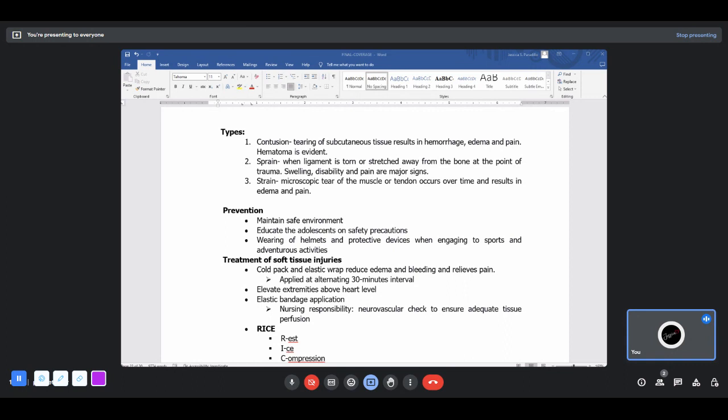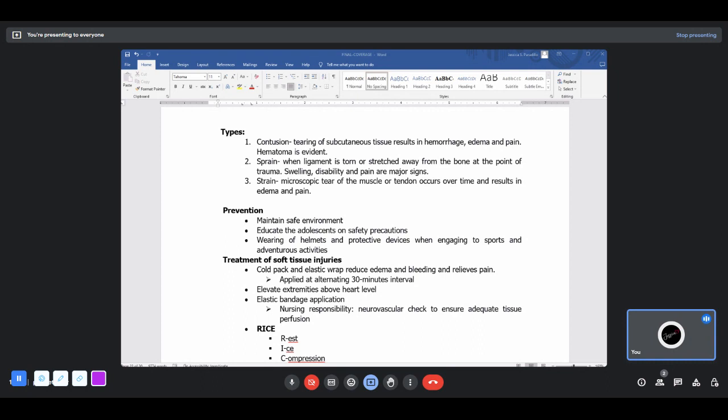Prevention: we have to maintain a safe environment, educate the adolescent on safety precautions to prevent further injury, wearing of helmets and protective devices when engaging in sports and adventurous activities. Yung mga activities na alam mo naman na there are chances of accidents.